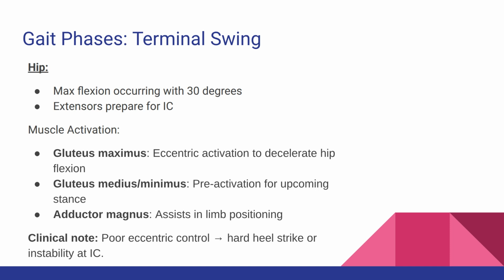This eccentric control is essential for positioning the limb safely and efficiently for heel strike. The gluteus medius and minimus pre-activate in anticipation of weight acceptance, while the adductor magnus assists with limb alignment.